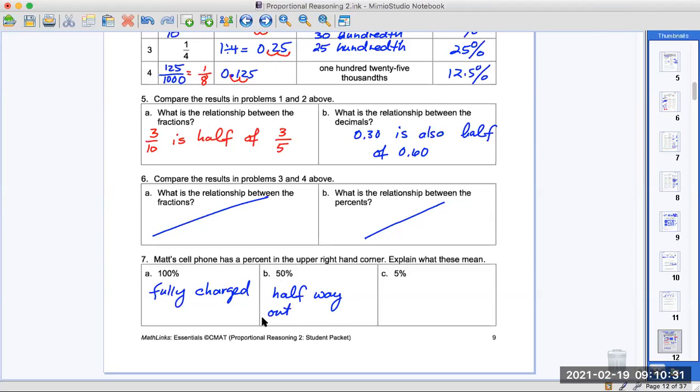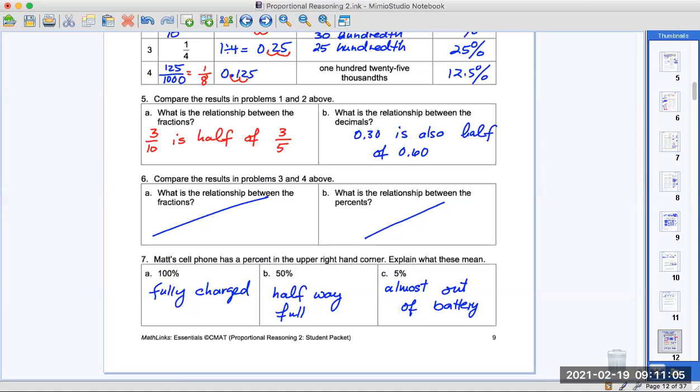Well, I'm gonna make it positive. It's halfway charged. You can see it either way, halfway empty or halfway full. I'm gonna use the positive and say it's halfway full. 5%, it's almost out of battery. So very close to 0, okay? So that's what these numbers mean. 100 is always the whole thing.